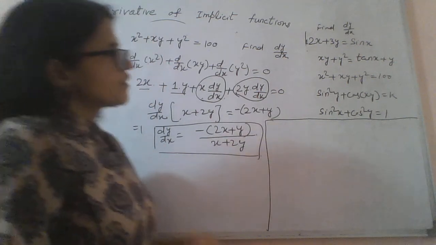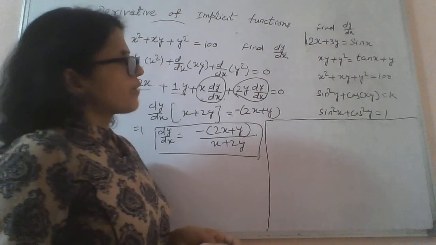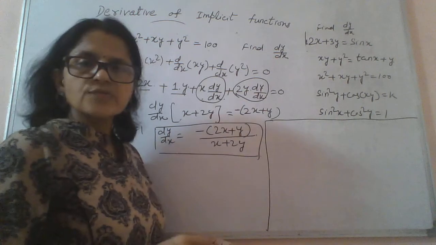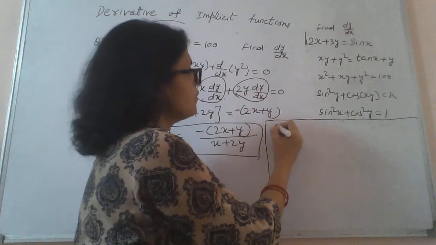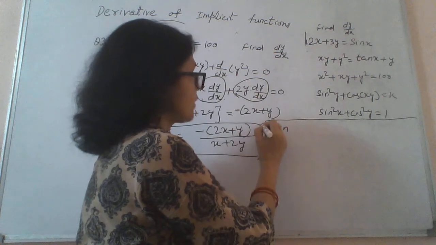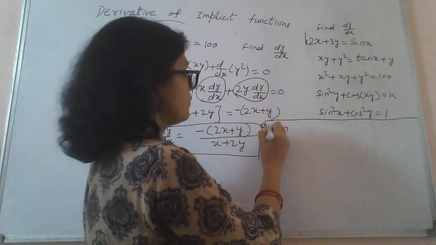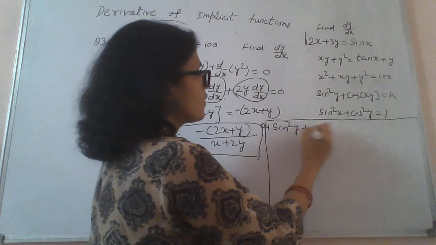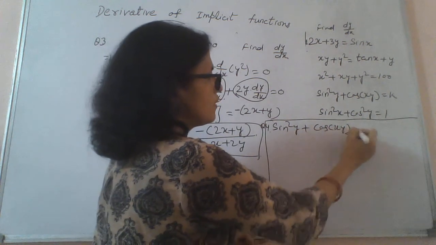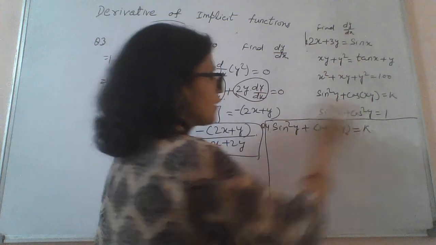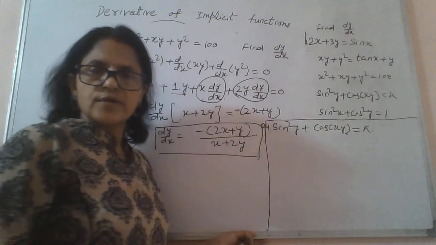So next question is sin square y plus cos xy equal to k. So I can just solve it here. Question number 4: sin square y plus cos of x into y equal to k. K is constant here.